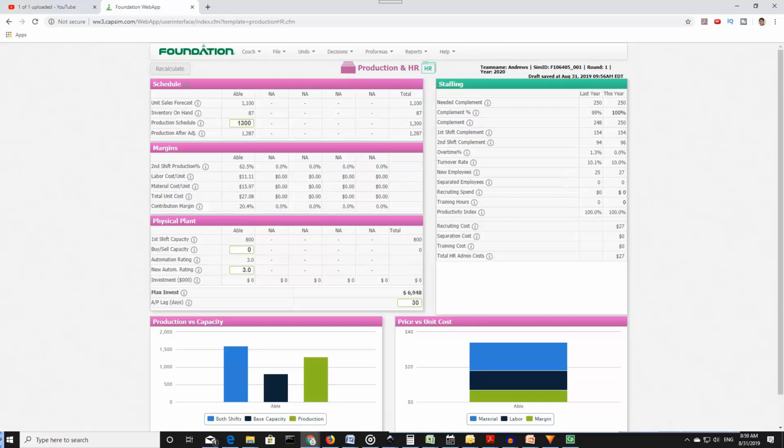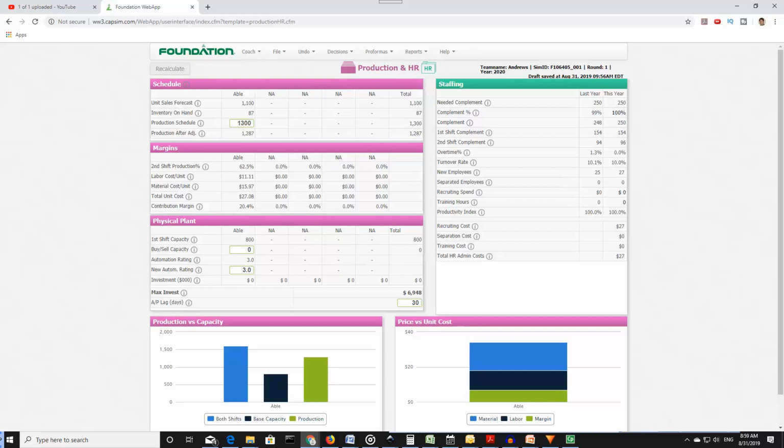The bottom table of this window describes the physical plant. Each column here consists of the assembly line for each product, and the top line consists of the current first shift capacity of that assembly line. When we first begin, our assembly line has a first shift capacity of 800,000 units. This means that even with a full second shift, our factory can only produce up to 1.6 million units this first year.